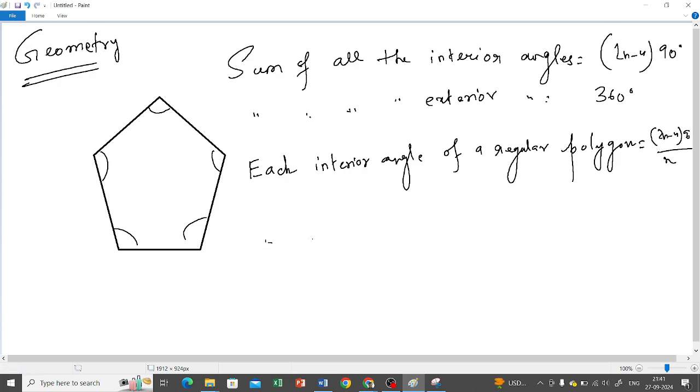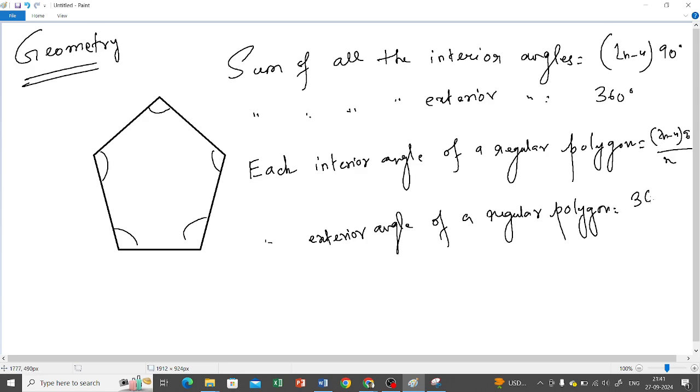Okay. Each exterior angle of a regular polygon is 360 by n.